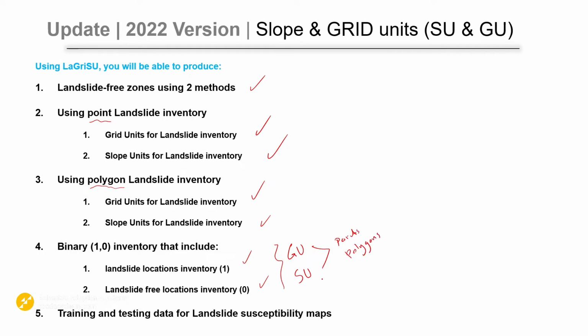The final products will be the training and testing data, which will come in .csv file format. Then you can use it later to process the landslide susceptibility maps using machine learning algorithms, which are available also in different courses that I produced.